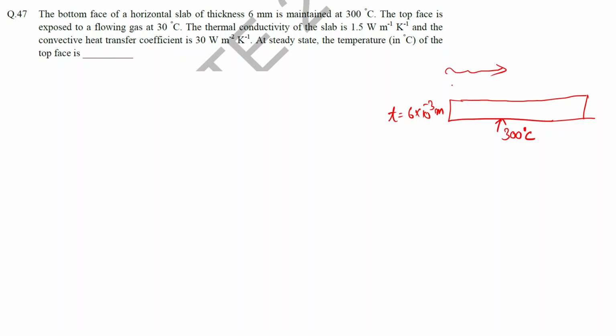So let's just consider we have a flowing gas over here, and its temperature is 30 degrees Celsius. The thermal conductivity of the slab, that is K, is 1.5 watt per meter Kelvin, and the convective heat transfer coefficient, the H over here, is 30 watt per meter square Kelvin.